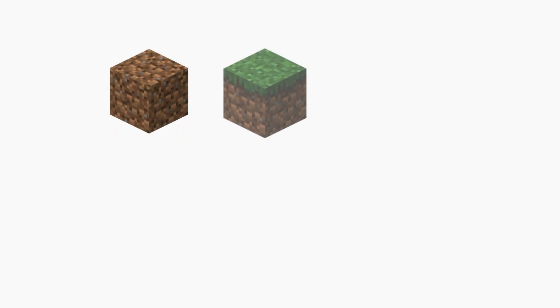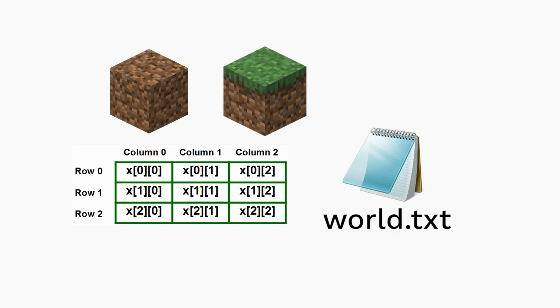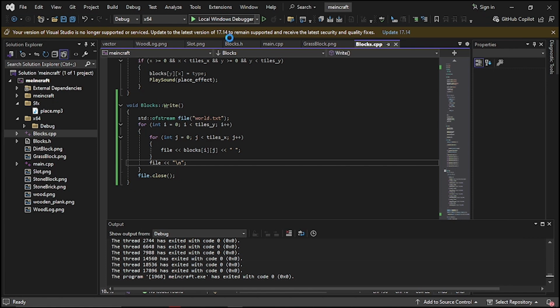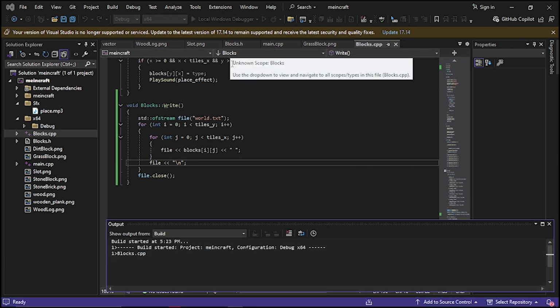Now next up was a saving system, which is pretty easy. You remember how we assigned numerical values to blocks, right, and stored them in a 2D array. We can just store that array to a text file and load it for loading. Next, I just coded it and it worked pretty fine.